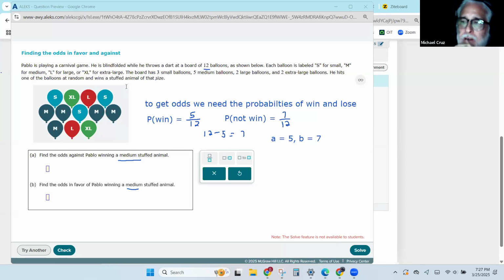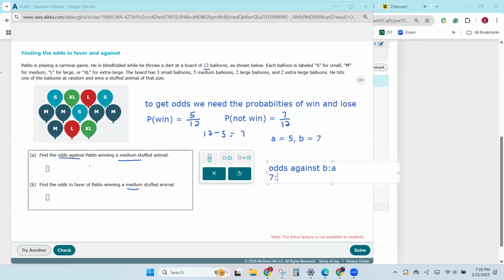All right. So now odds against, we need odds against. Let's put a little reminder here. Odds against is B to A. So in this case, what's B? 7 to 5. 7 to 5.